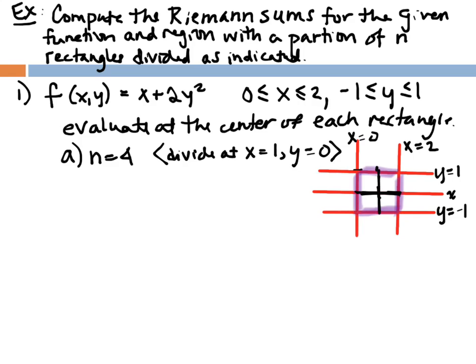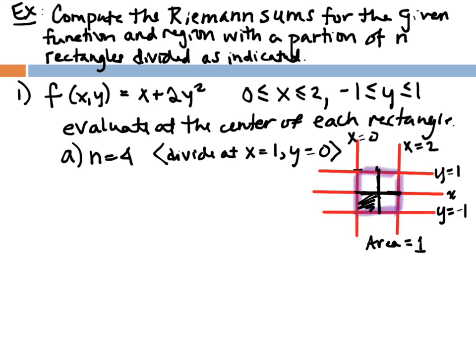And they're saying split it like this as well. That's x equal 1. And I've split this into 4 little rectangles, and they're all equal area. What is the area of one of these rectangles? It is 1. It's got a width of 1 and a height of 1. So each of those individual areas has area 1.